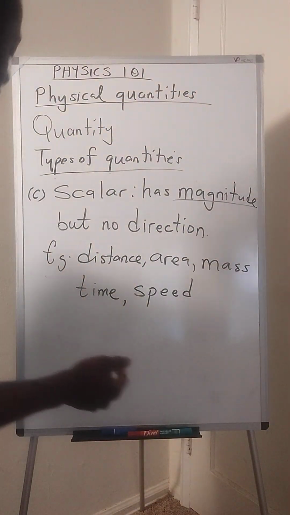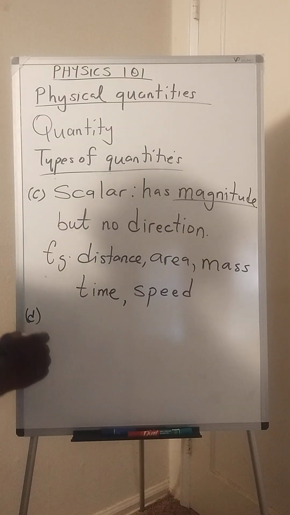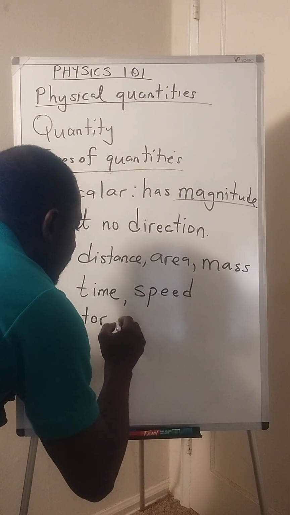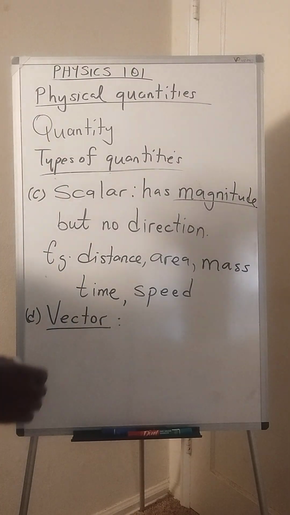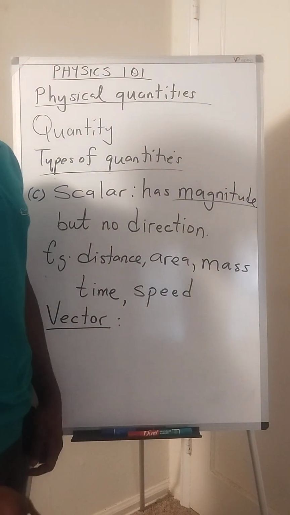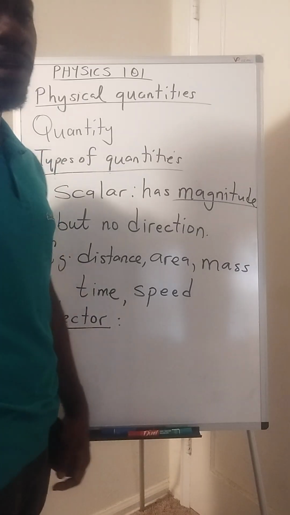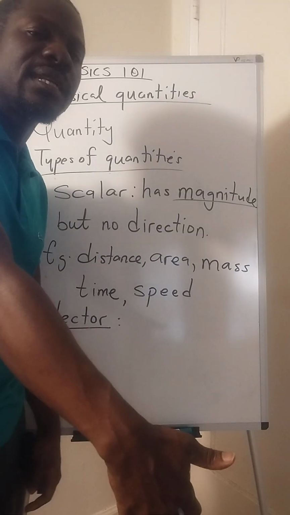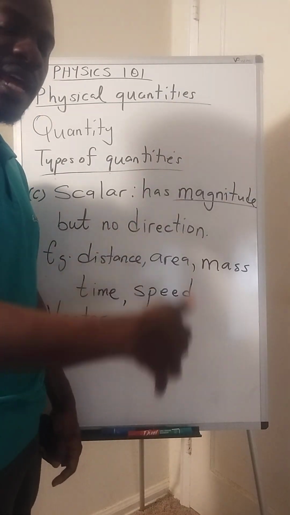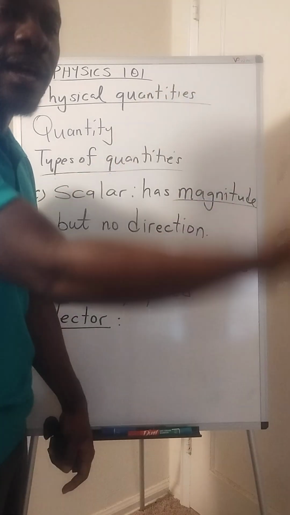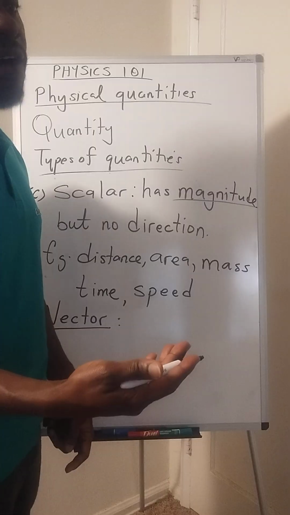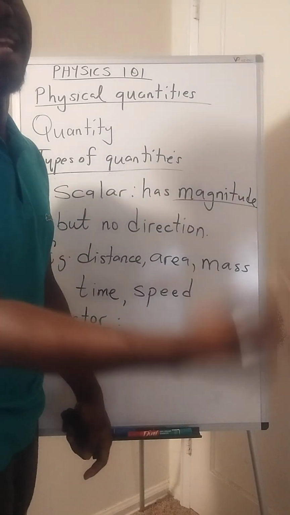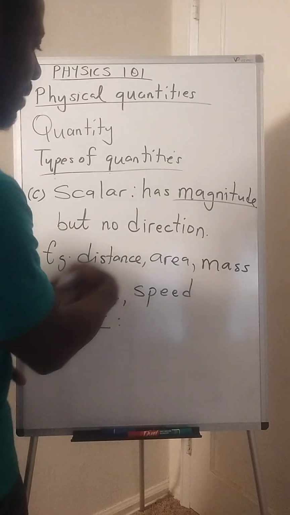Now, the last one, which is, let me put it down here, is a vector quantity. A vector quantity gives an added information to the quantity or the value that we are mentioning. Don't forget that we said that a physical quantity is the measurable property of a material expressed in a numerical form or numerical value with unit. Now, if we have the numerical value with unit but do not know where it is heading, then it becomes a scalar.